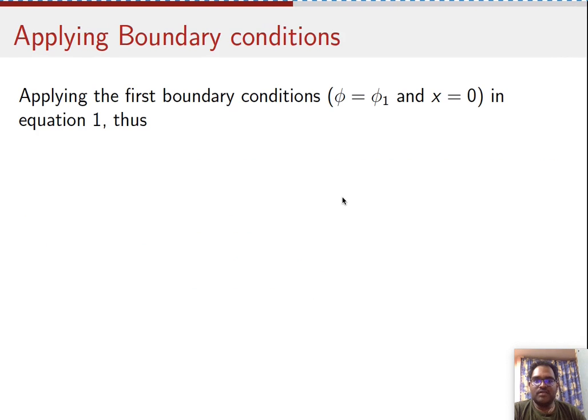So the first boundary condition, as we know, is phi equal to phi 1 and the value of x equal to 0. This we are going to substitute in the characteristic equation, and we know what the characteristic equation is: phi is equal to a plus bx plus cx square.